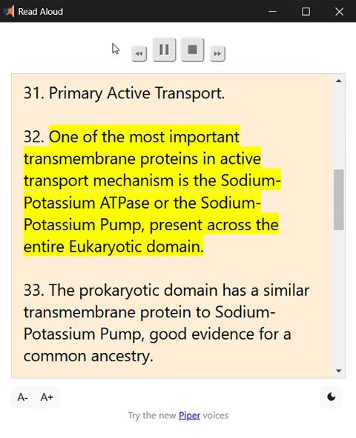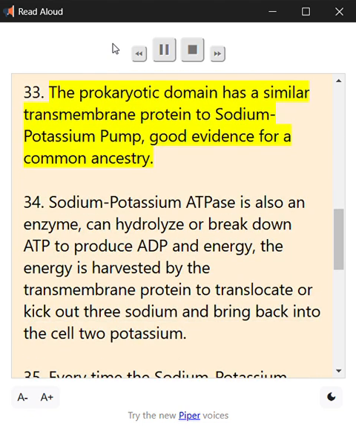32. One of the most important transmembrane proteins in active transport mechanisms is the sodium-potassium ATPase, or the sodium-potassium pump, present across the entire eukaryotic domain. 33. The prokaryotic domain has a similar transmembrane protein to the sodium-potassium pump, good evidence for a common ancestry. 34. Sodium-potassium ATPase is also an enzyme, which can hydrolyze or break down ATP to produce ADP and energy.